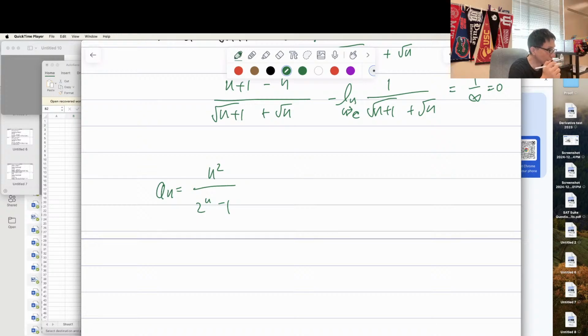Is this converge or diverge? Is it to you? Wait.